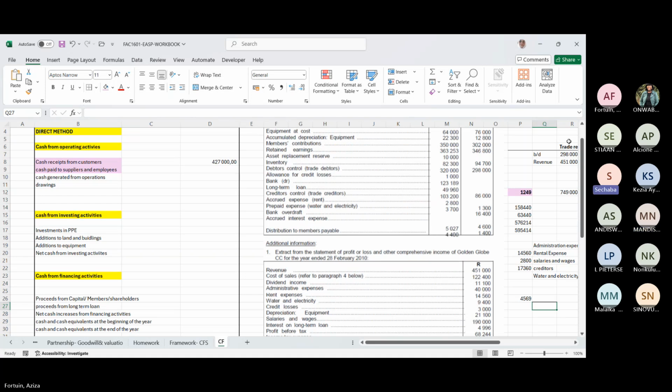Okay, so that's why I subtracted the 5,027 from the 4,600. Then I got 400 and something, which I then subtracted from this interest here, the 4,996, and then I got that answer I gave you, 4,569.